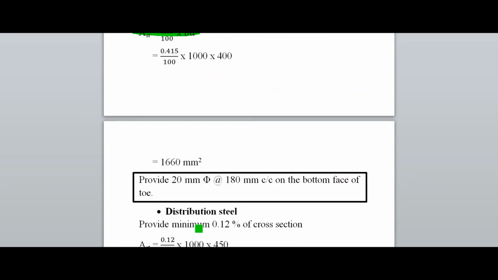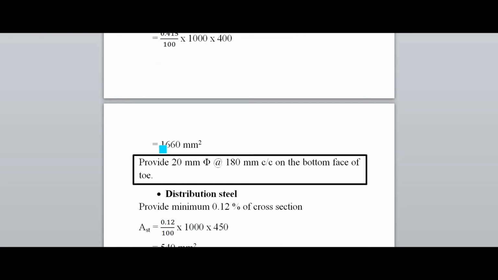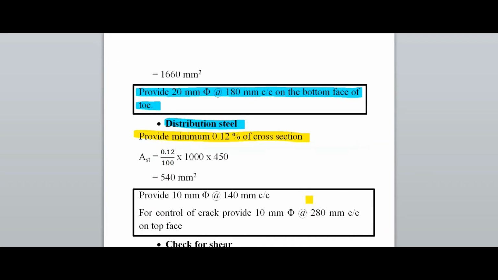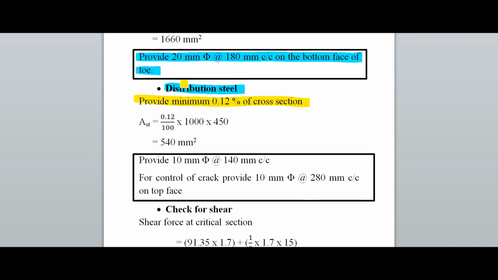So at the toe slab, we provide 20 mm dia at 180 mm center to center at the bottom face of the toe. Then we have to find our distribution steel. For the distribution steel we provide 10 mm dia at 450 mm center to center.